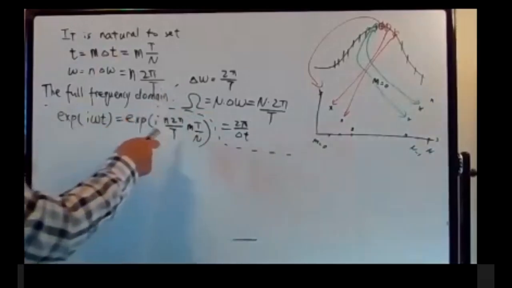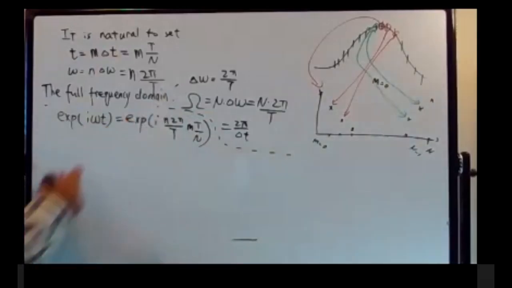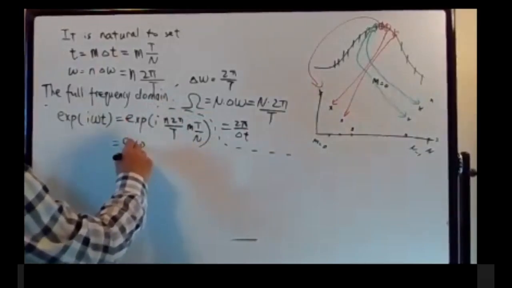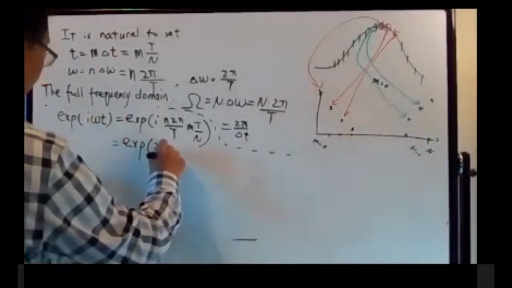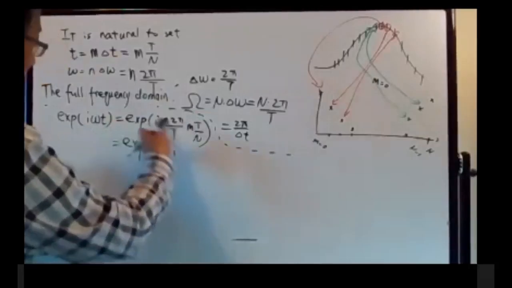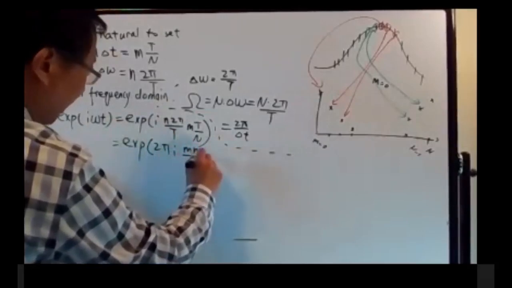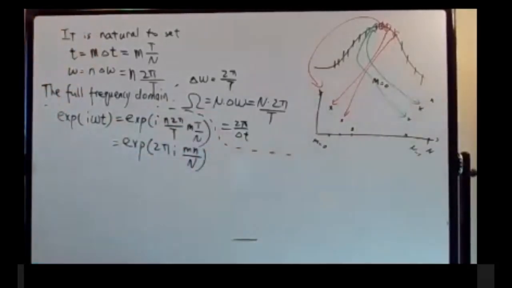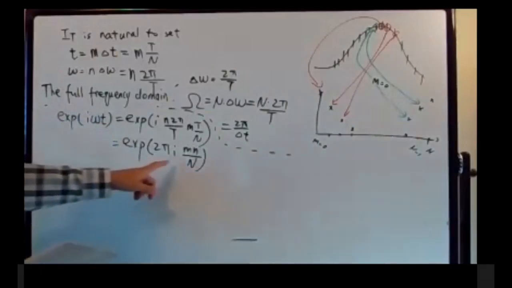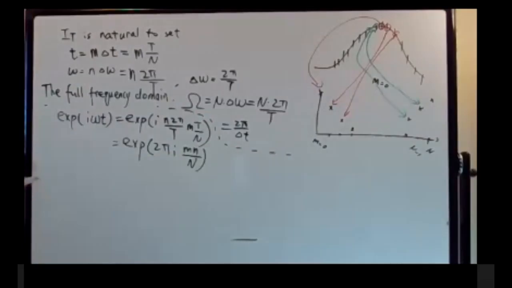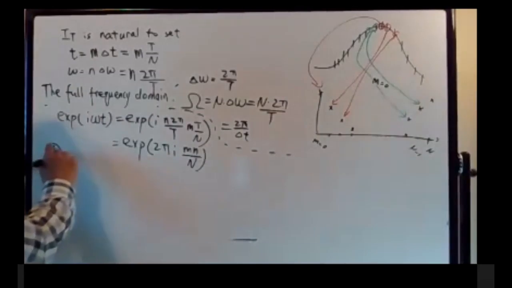So up to here, we can rewrite this as exponential 2 pi i m n over capital N. T and T cancel out. That's 2 pi i m n over N. Let's drop the z dependence.